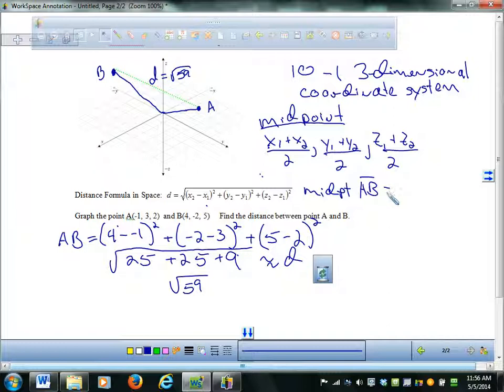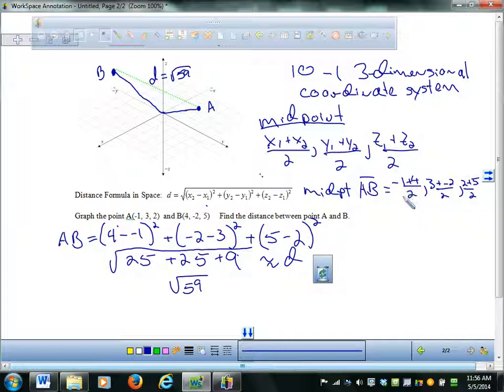The midpoint in this case is x1 plus x2, which is -1 plus 4, divided by 2, comma, 3 plus -2 divided by 2, comma, 2 plus 5 divided by 2.